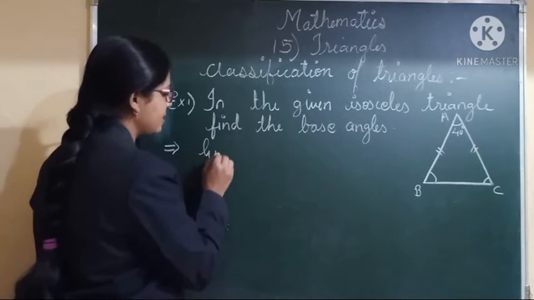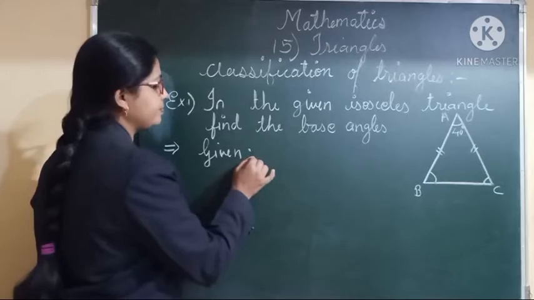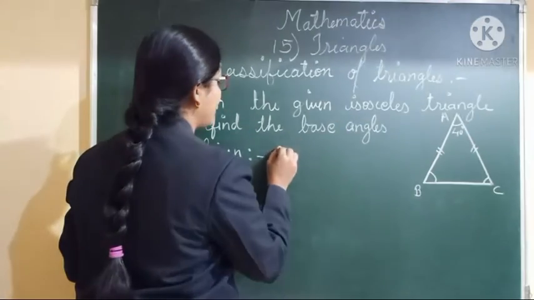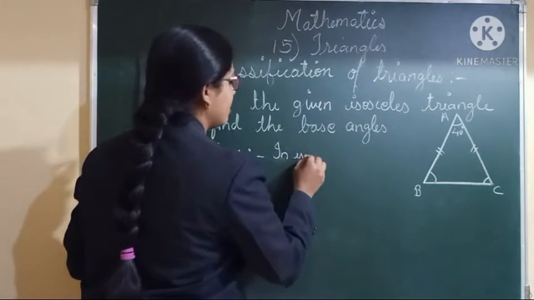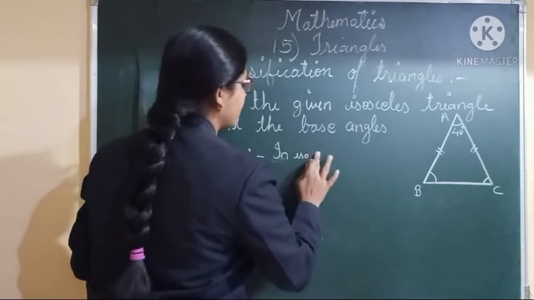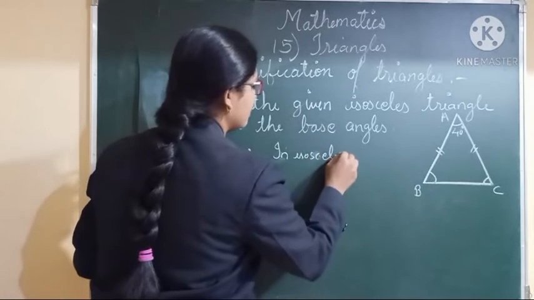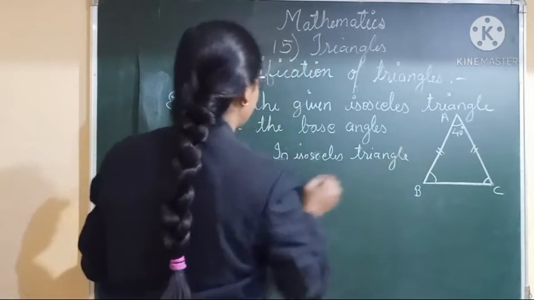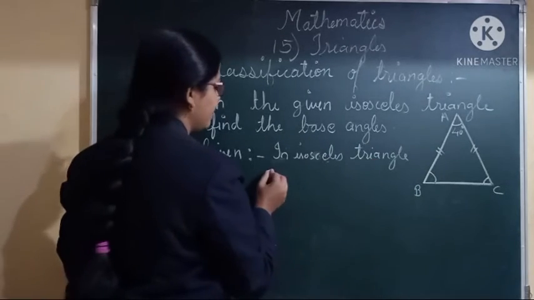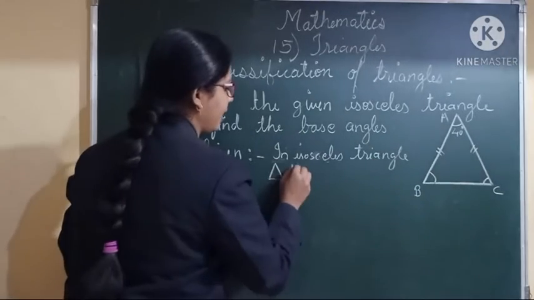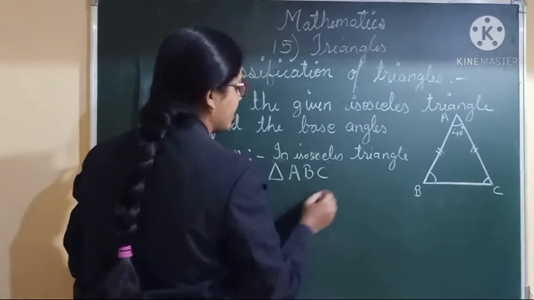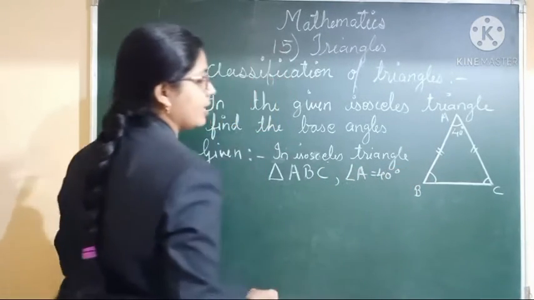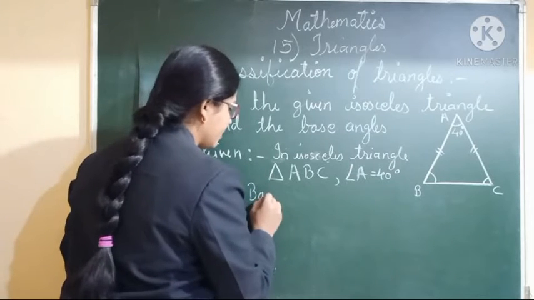Okay, first, write what is given. It is an isosceles triangle. In isosceles triangle ABC, angle A equals 40 degrees, and the base angles are equal.